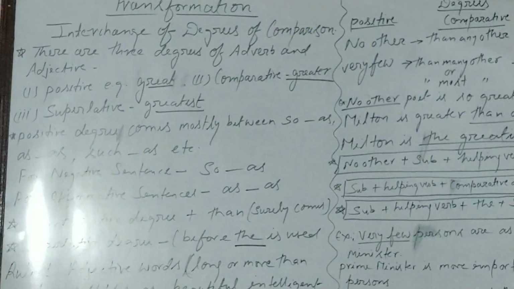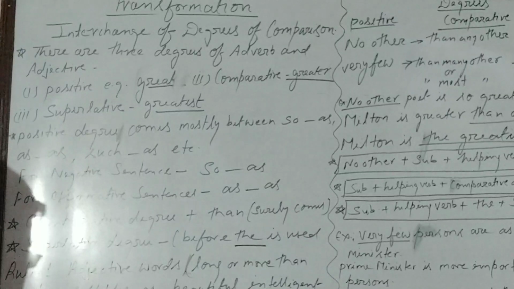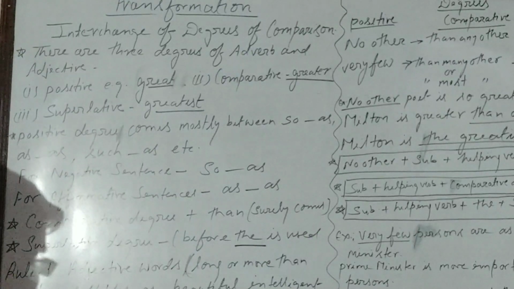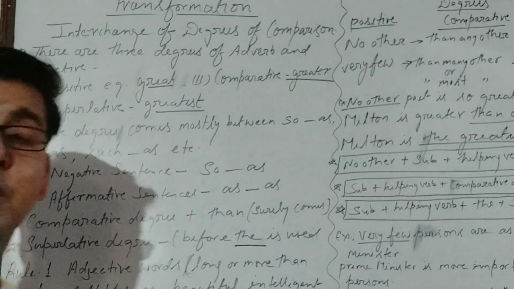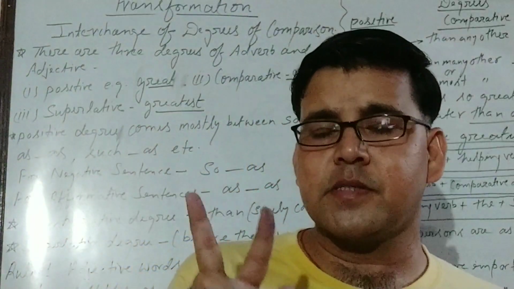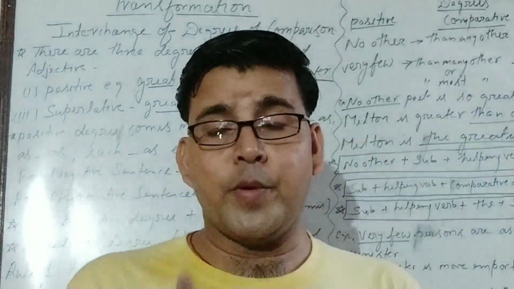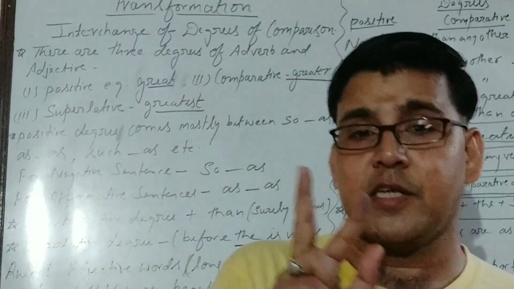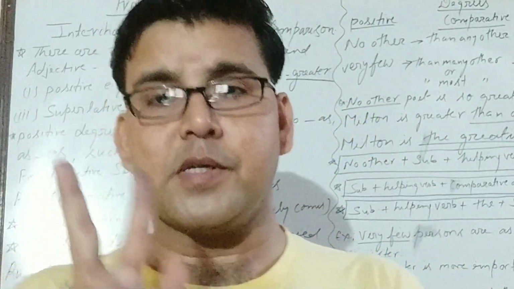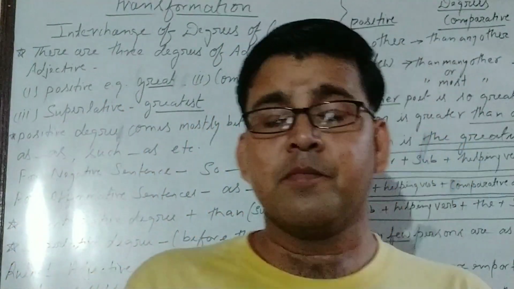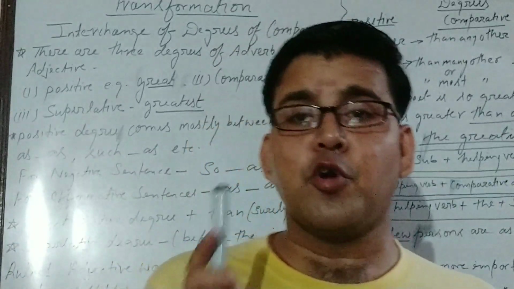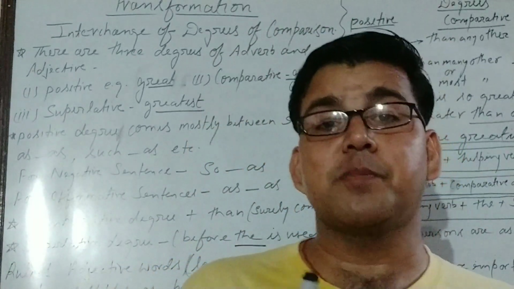So now next important thing. Number 2, when comparison is between 2 things or 2 persons. When the comparison is made between 2 objects, 2 persons or 2 things, then only positive and comparative adjectives are possible to make.